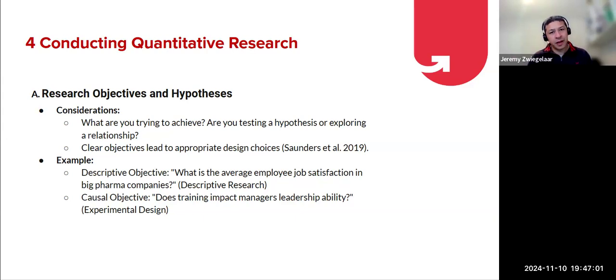A causal objective might look at, does training impact managers' leadership ability? So what we will do here is look at a study design that looks at the impact of training on managers' leadership. We'll have an experiment set up with a treatment group and a control group of different leaders or managers.